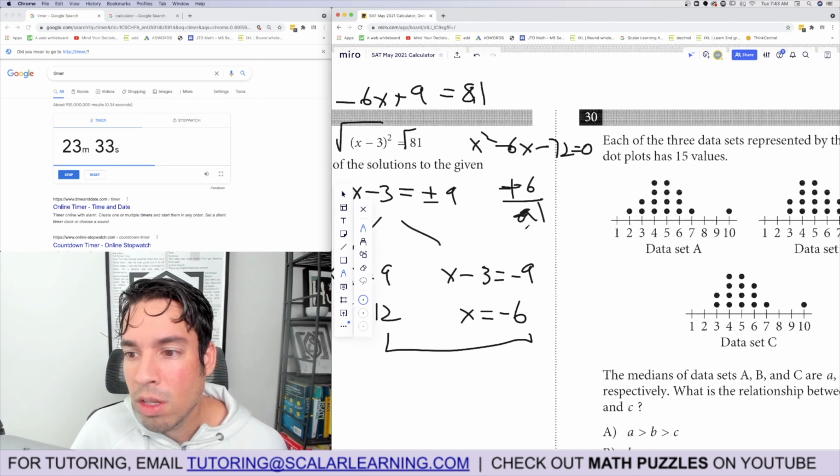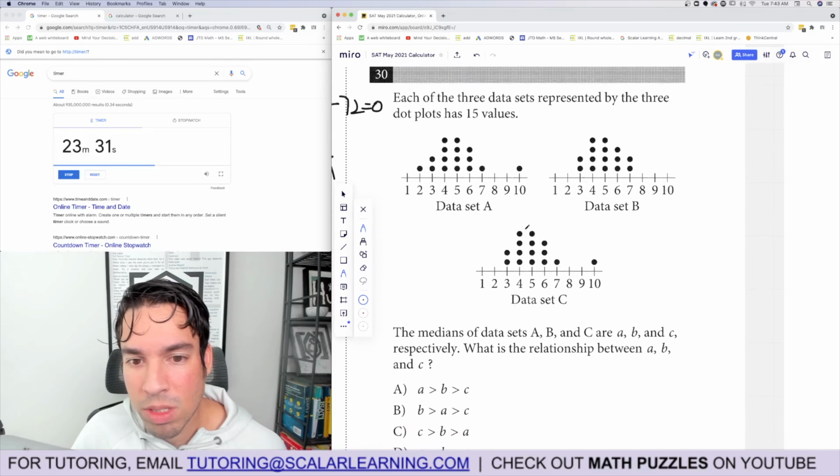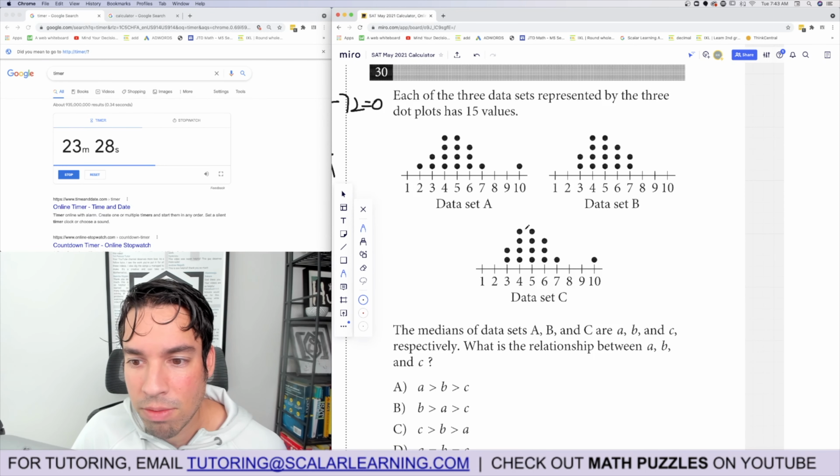Double verification. 30. Each of the 3 data sets represented by the 3 dot plots has 15 values. All right. 3, 11, 14, 15. That's 16 values. What? That's so weird.